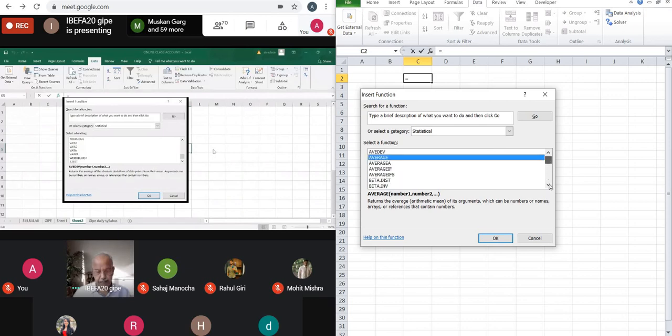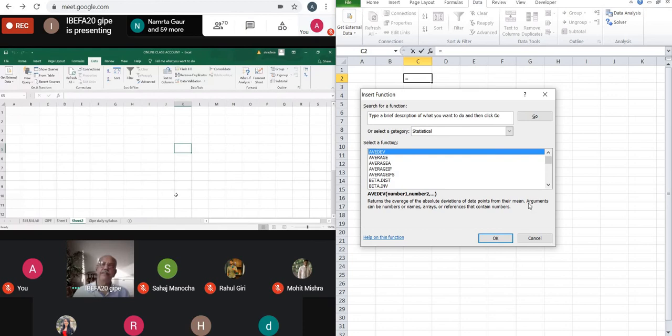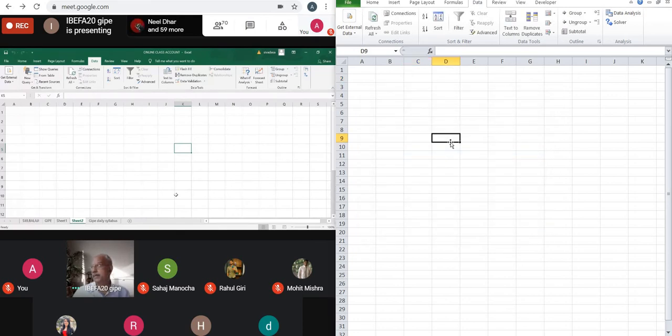For the next syllabus, I will use cell references, I will use data analysis, I will use Solver, and in addition to this, I will use fx.